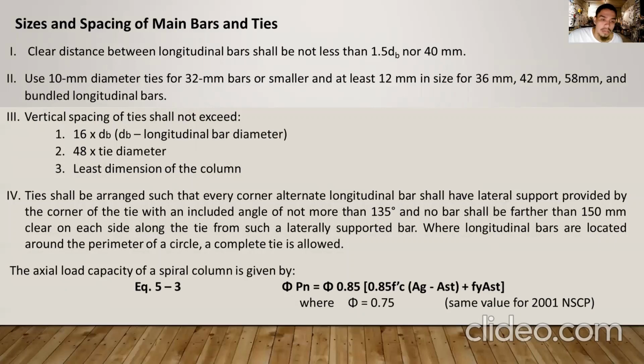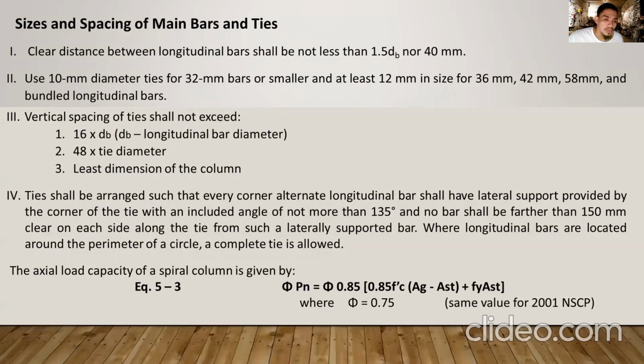Use 10 mm diameter ties for 32 mm bars or smaller, and at least 12 mm for 36 mm, 42 mm, and bundled longitudinal bars. So, if we use 32 mm bars or smaller, we use 10 mm ties. We go up to at least 12 mm diameter ties when the size of the steel is larger.